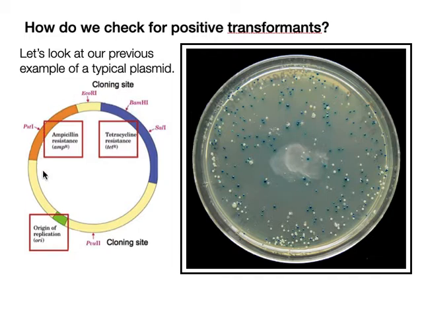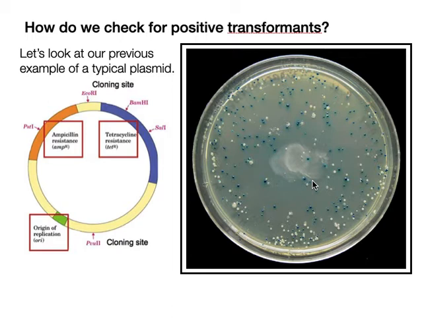What this means is if there was a successful insert of this plasmid, the bacteria will now have ampicillin resistance. So if this is your agar and you put ampicillin here, those bacteria which were able to harness the plasmid that you introduced will survive. Do you follow? I hope you do follow.